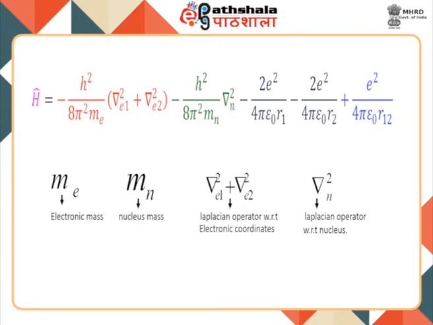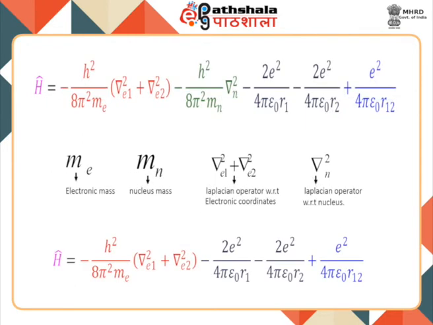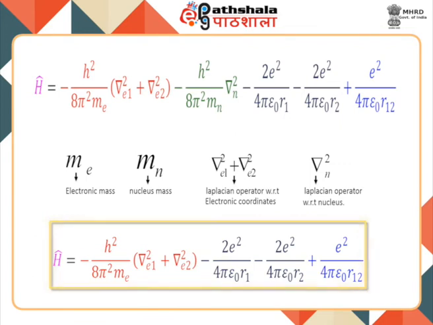Further, to simplify this three-body problem, the nucleus is considered fixed at origin, as mass of nucleus is much greater than the mass of electron, which reduces the Schrödinger equation for helium atom to equation 10, where the second term of equation 9 is neglected and the Hamiltonian becomes minus h square upon 8 pi square me into delta E1 square plus delta E2 square, minus 2e square upon 4 pi epsilon naught r1, minus 2e square upon 4 pi epsilon naught r2, plus e square upon 4 pi epsilon naught r12.